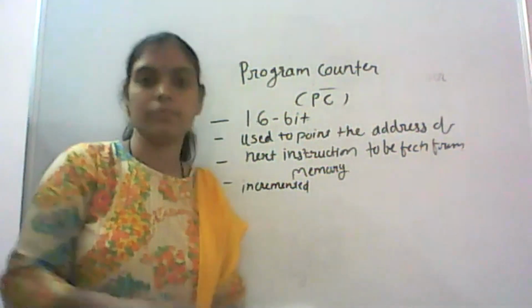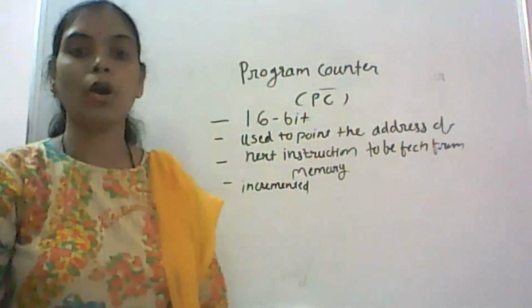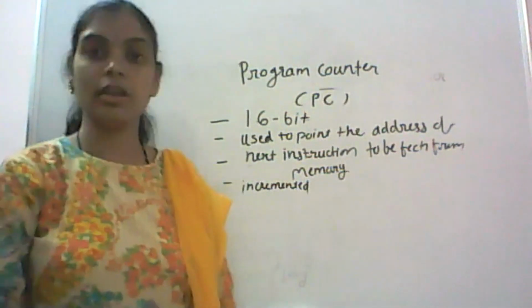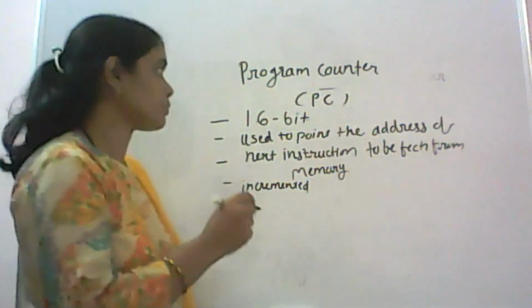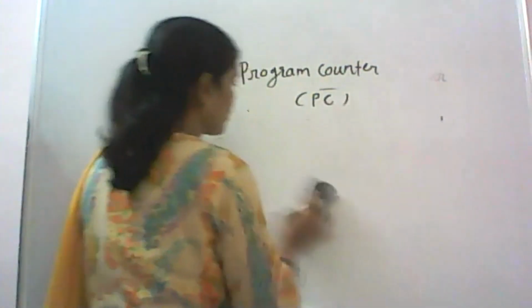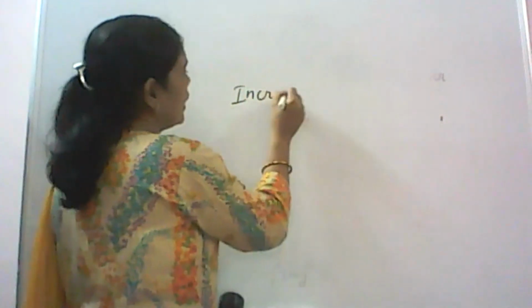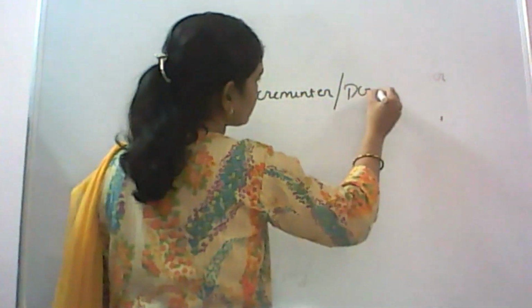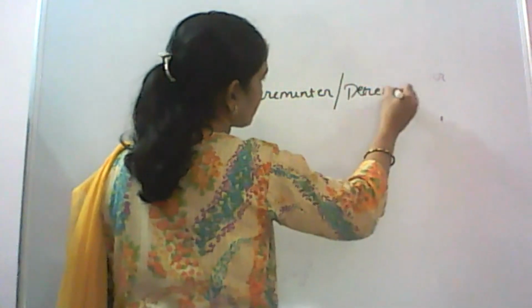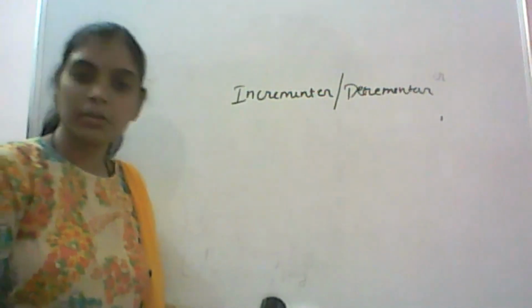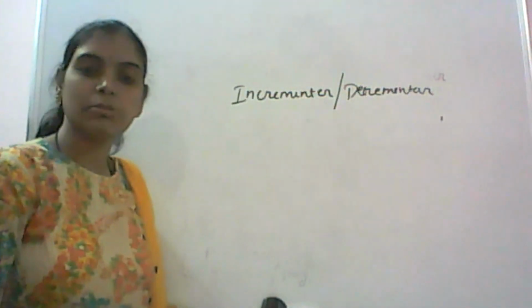Okay, now we move on to our next block, that is incrementer and decrementer. This unit is used to increment or decrement the content of a 16-bit register.